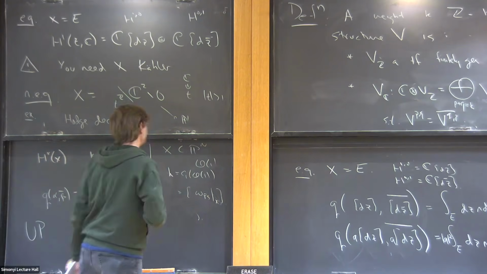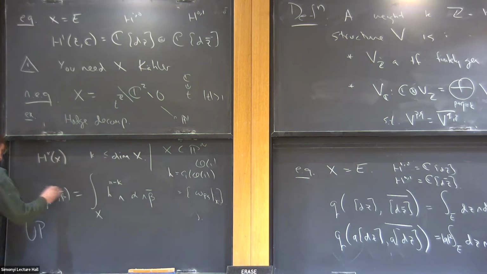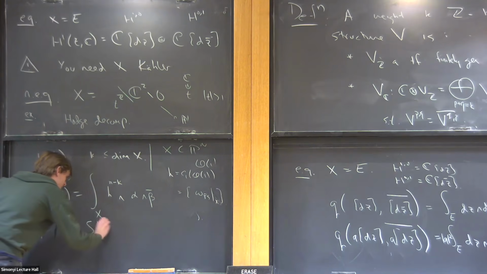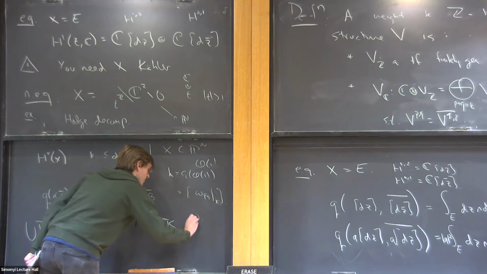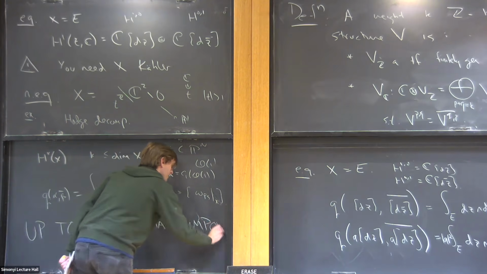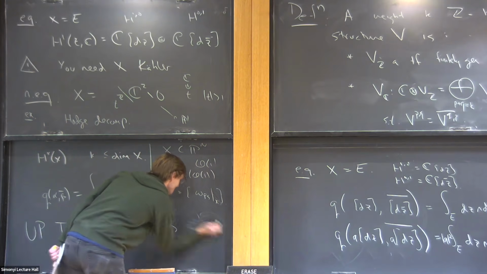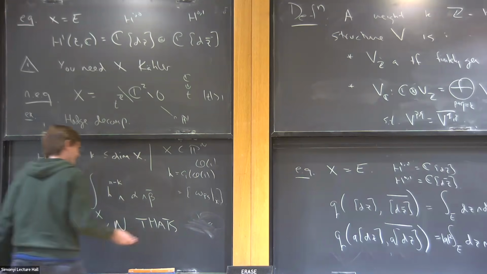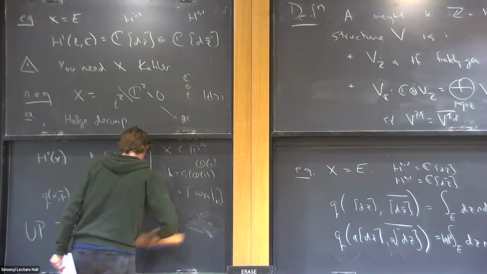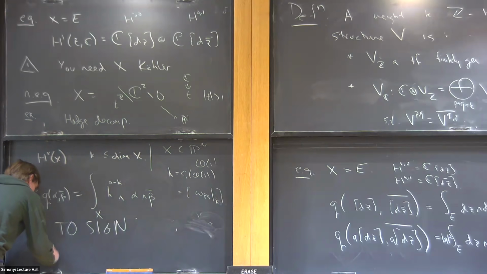The important statement is that it's a polarizable structure. So up to fiddling around with this over Q, up to sign, that's important, but whose details are unnecessary. Let me just say up to sign, this polarizes.